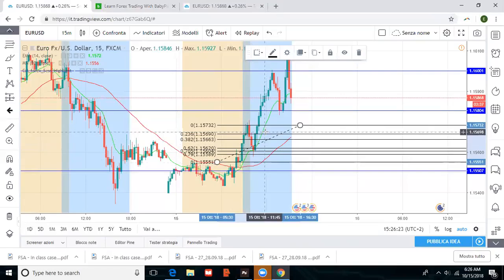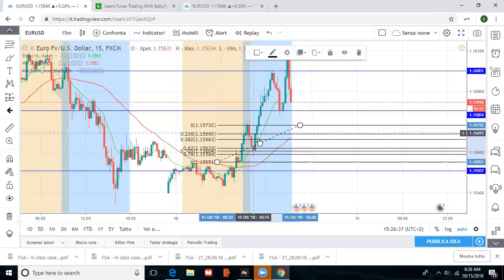And if you use good lot sizes, for example, if you use one lot, 10 pips are $100, and in one day you just made $100. So you want to take profits at 10 pips.